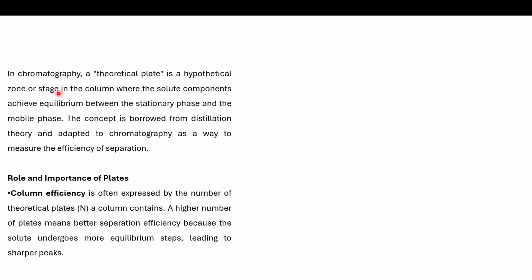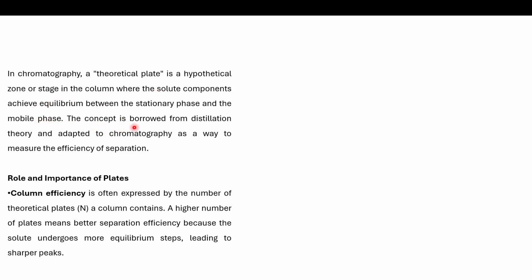Now, in general, when I'm talking about a chromatographic matrix, what exactly happens there is that a particular matrix or a chromatographic column is made up of multiple plates. Okay, so in chromatography, a theoretical plate is a hypothetical zone or a stage in the column, basically small regions or zones, where the solute components, or the analyte mixture or sample mixture, achieve equilibrium between the stationary phase and the mobile phase.